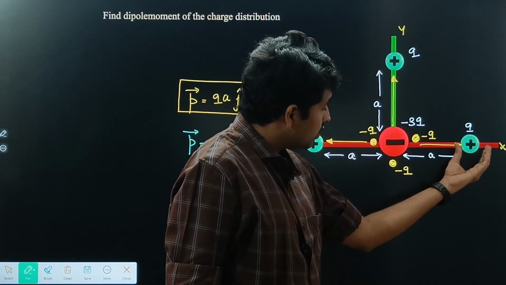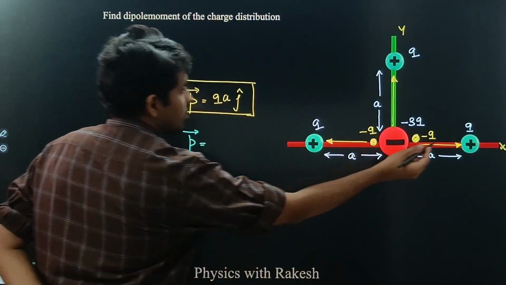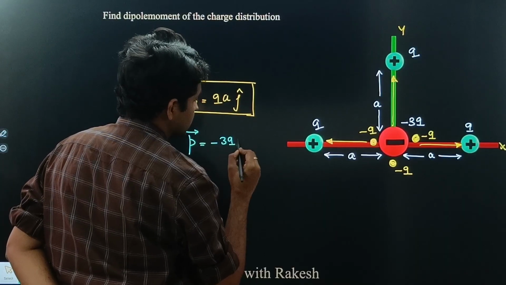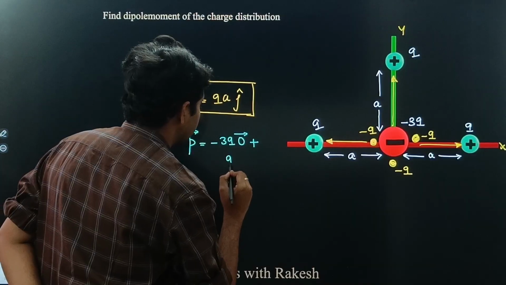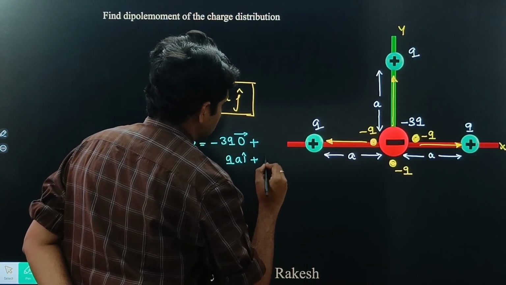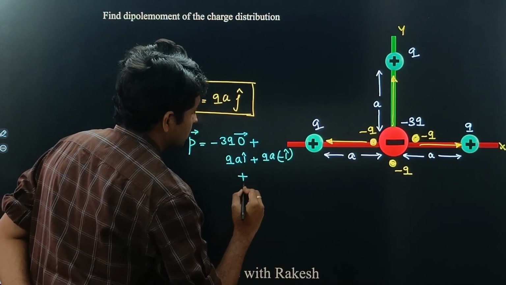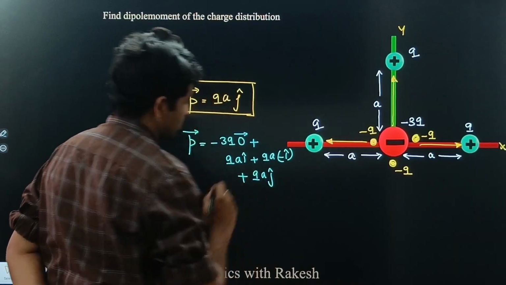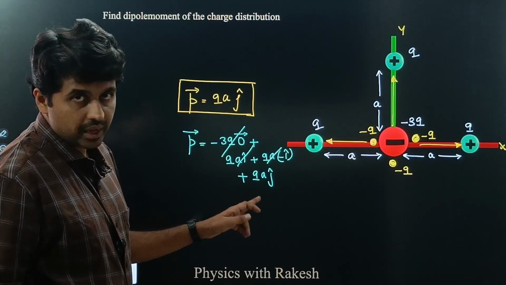So this will be minus 3q into 0 bar, null vector, plus q into a I cap, plus q into a minus I cap, plus q into a j cap. So anyways, these two get cancelled, and directly you have q into a j cap.